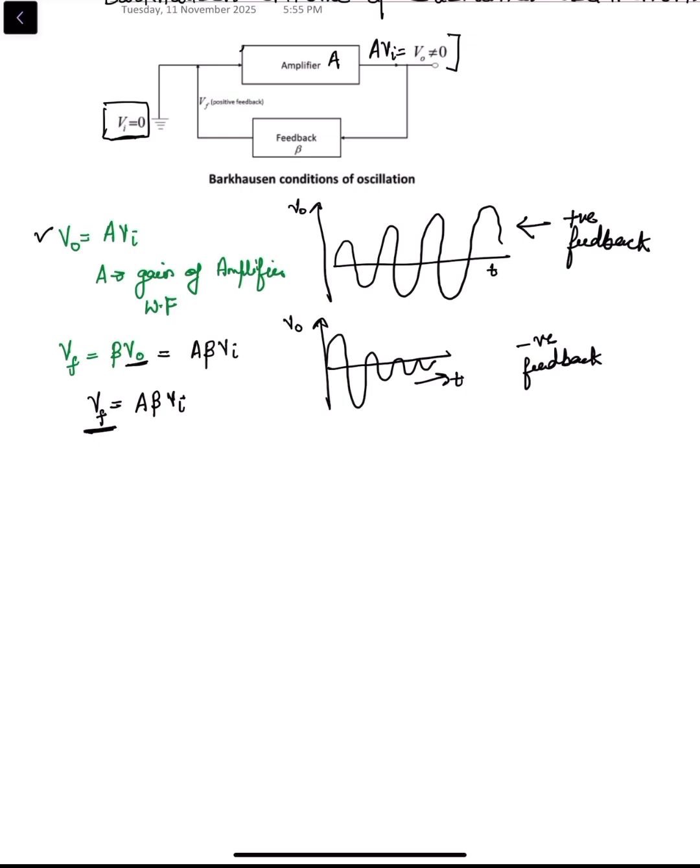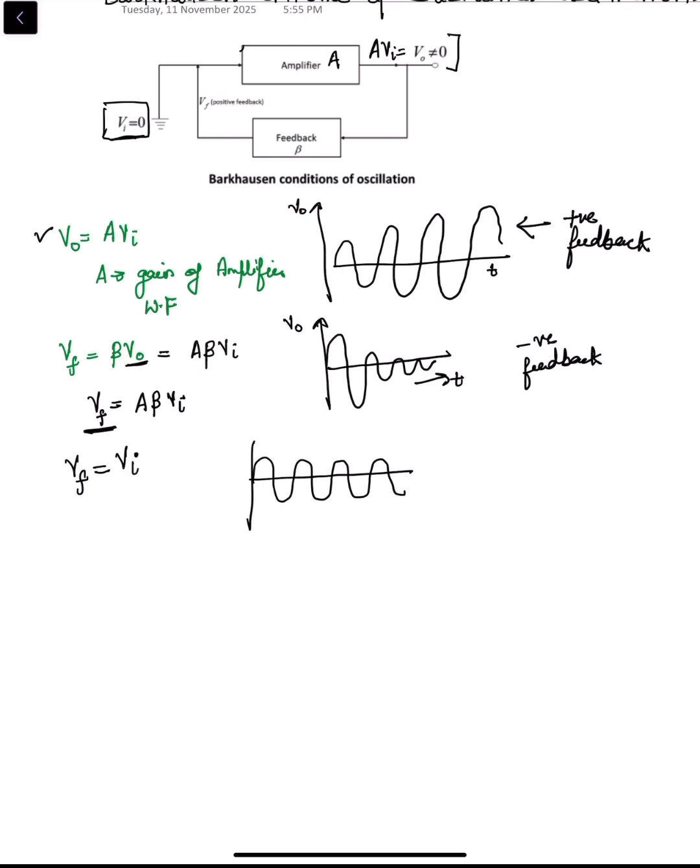So we want the oscillation to be undamped. That means there should be no reduction in the amplitude. So undamped oscillations are like this, same amplitude with time. That is possible only when every time we have the same input. So that is possible only when the feedback is equal to Vi.